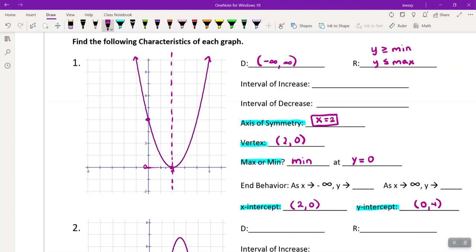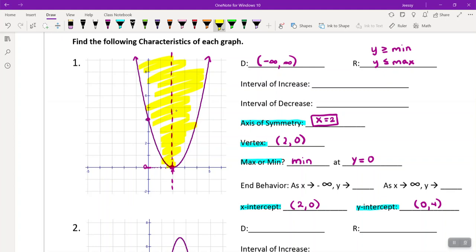You see how this is a minimum? Where does a parabola exist with respect to that minimum point? Above it or below it? Above, right? So all of these y values are going to be bigger than that minimum y value.